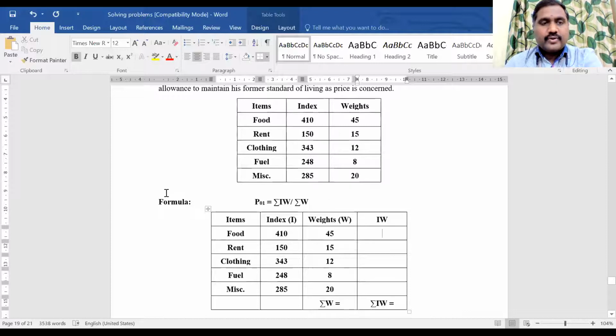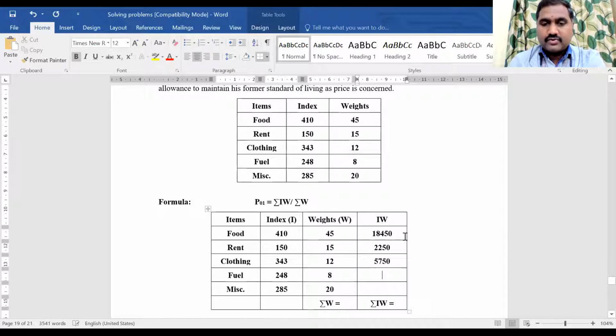Yeah, what is the value of 410 into 45? Okay, guys, come on. 18,450. Good. 150 into 15. What is the value of 150 into 15? 2,250. 343 into 12. 5,550.